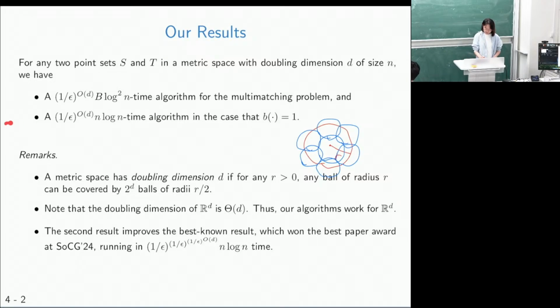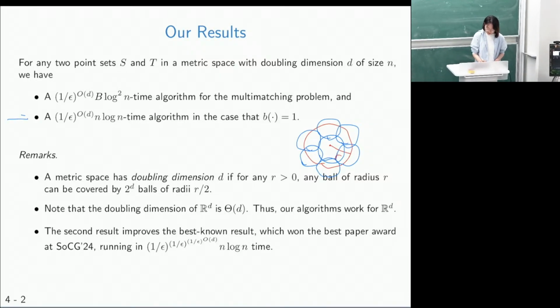And the second special case is called the many-to-many matching problem. And the second algorithm improves the best known result for the many-to-many matching problem, which won the best paper award at SoCG last year. This paper presents an n log n time algorithm, but the dependency on epsilon is very large.